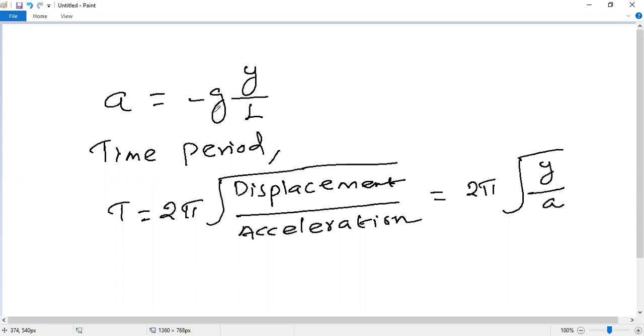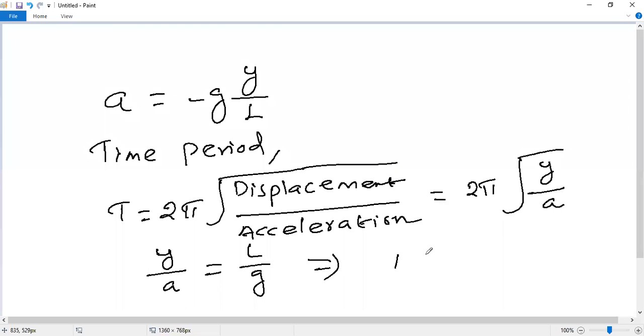And in this equation, y by a equal to L by g. So instead of y by a, I am applying this value.